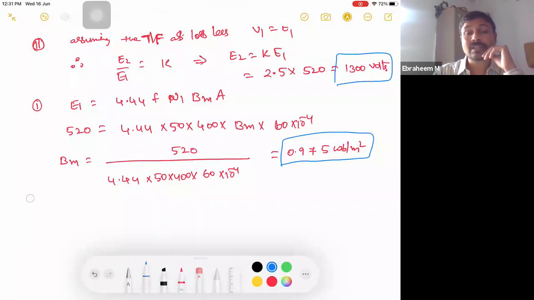Do you remember the next topic in your syllabus? Losses and efficiency. So before that, we'll have to solve another problem.